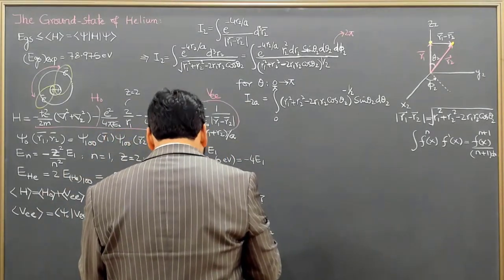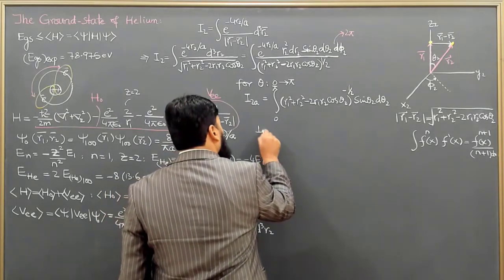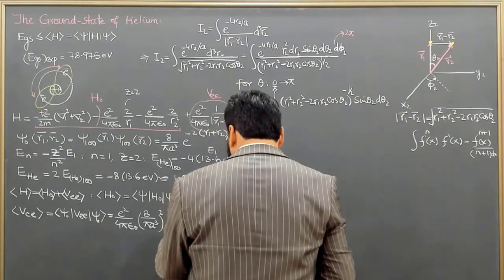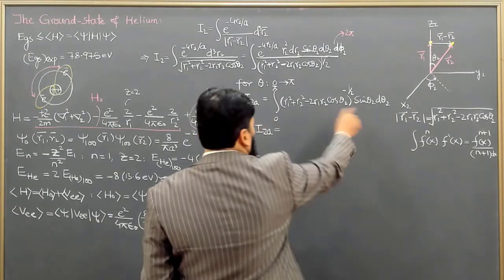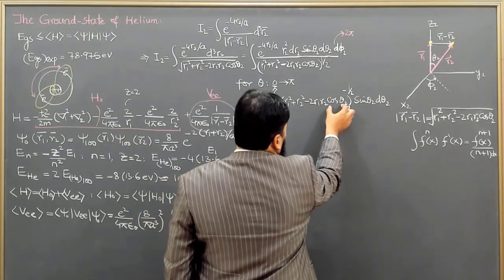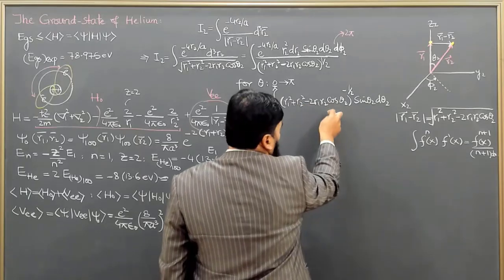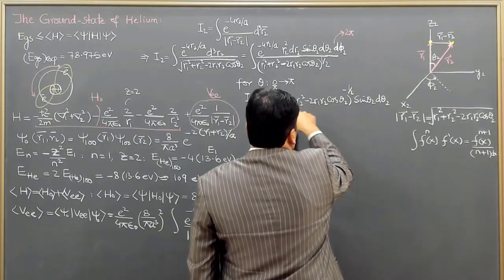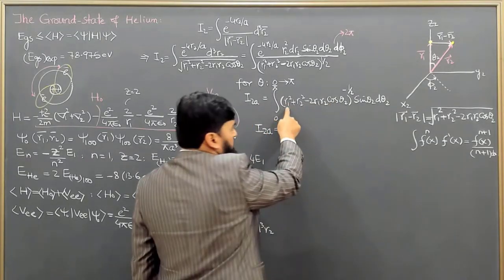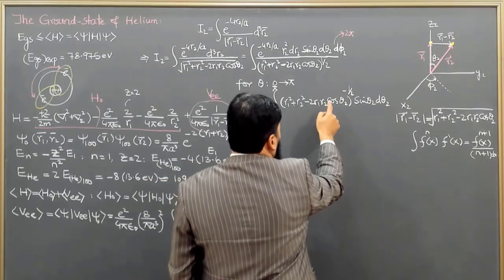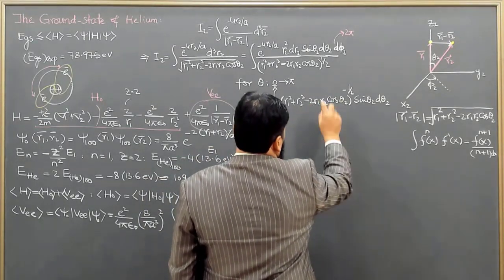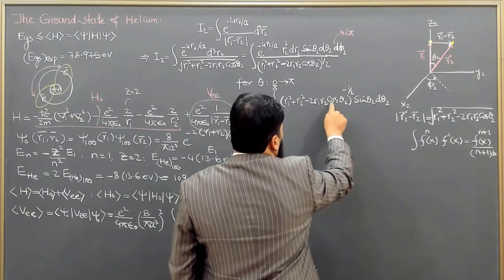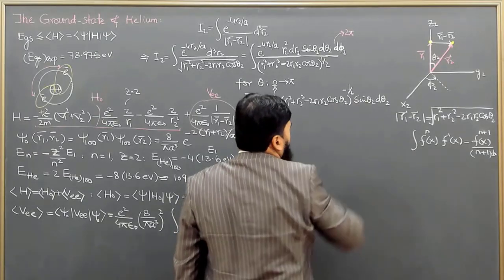So the I2a will come out to be equal to this. Look here, if I look at this one, what is this? This is our f of x to the power n. Now look here, if I look at this first term with respect to theta, then this is 0, this is 0, and this one, if I skip this one, the differential of cos theta is minus sine theta.